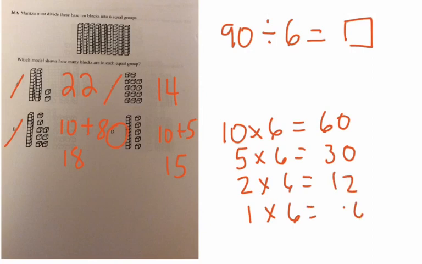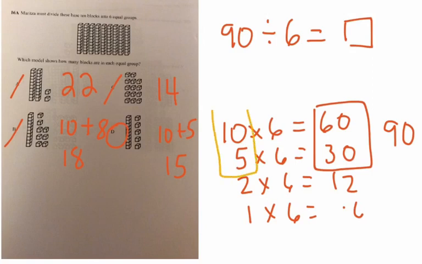So I see right here that if I add 60 and 30, that gives me 90. So that means that if I add 10 plus 5, that's going to give me my quotient, which is 15. So this is a little bit more advanced, but I just wanted to introduce it to you.